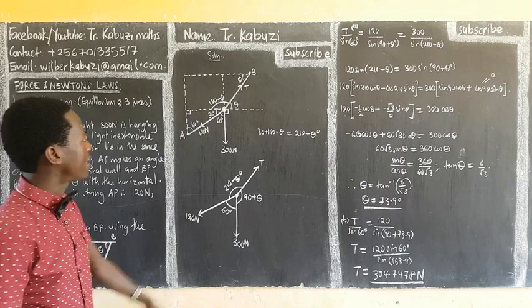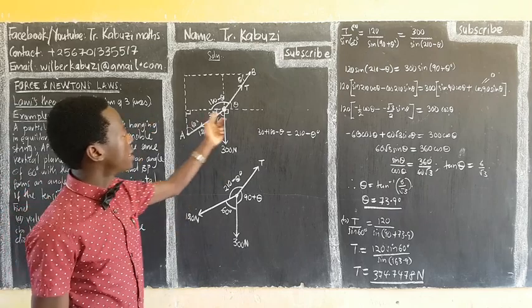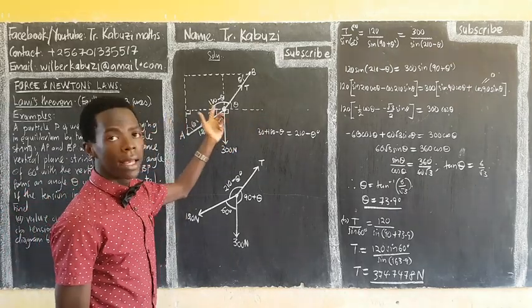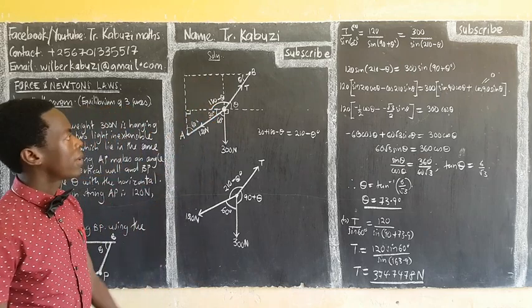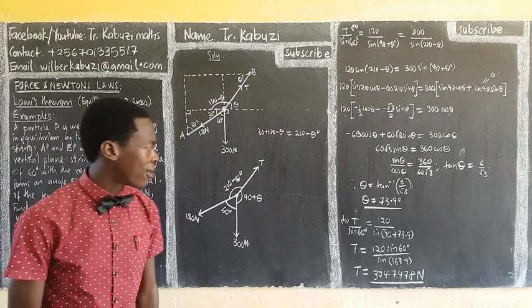So that's it. Remember, whenever you want these angles, use the horizontal lines and then the vertical lines. That's when you can easily see that. So that's it. I wish you well.